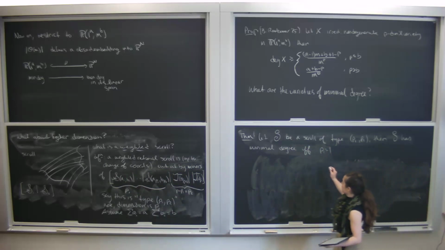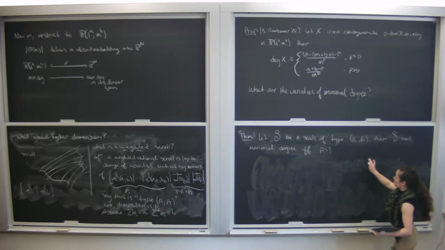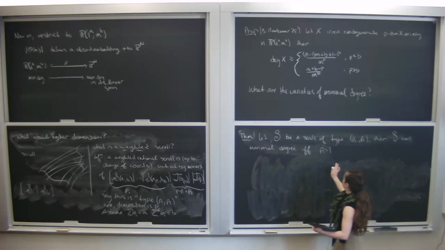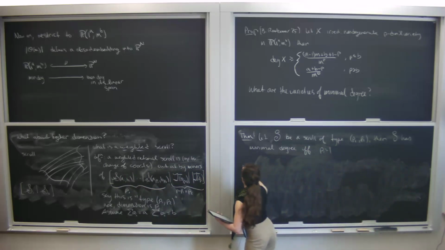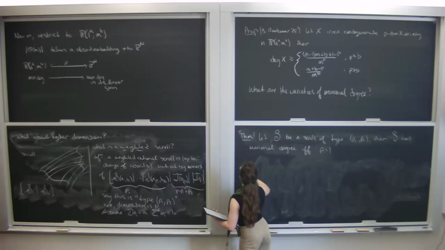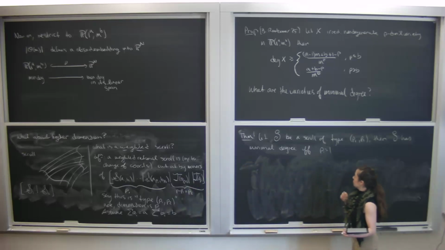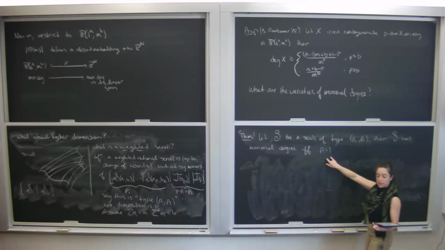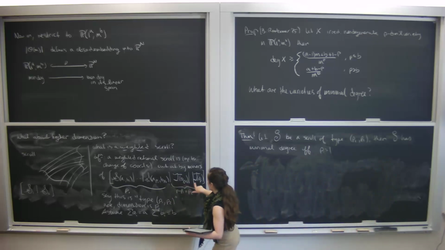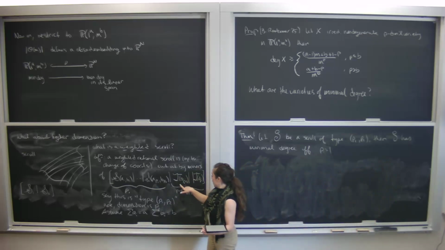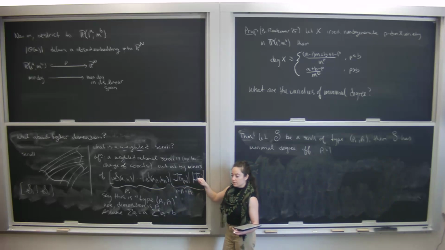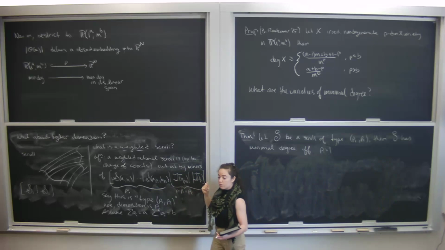Okay, and now there's a couple things to note. One of which is that there are some limits on when this can happen, because each of these blocks has to have at least 2 y variables, right? It has to have a column. And if I run out of y variables, I can't have that many of these blocks.